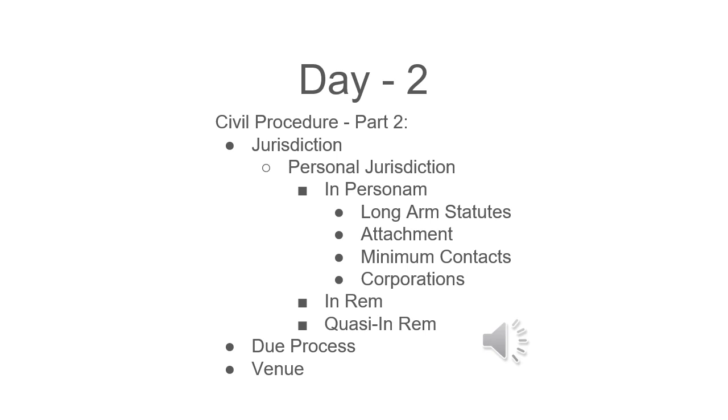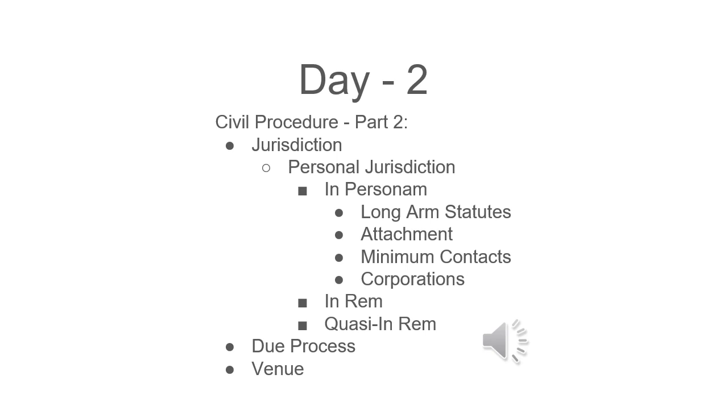Personal jurisdiction and long-arm statutes. This is a statute authorizing jurisdiction over non-residents, such as a result of an activity, where that non-resident has some activity or causes some action within the state. Personal jurisdiction and the concept of attachment. Now, this is important.